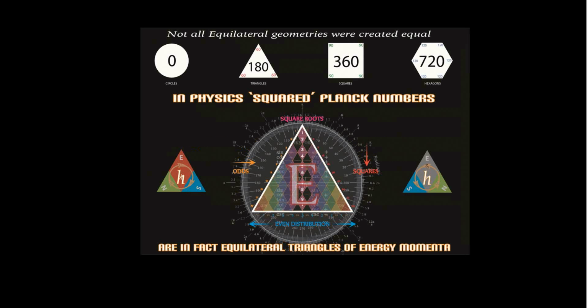Now the scalar energy itself can be divided or measured in a number of ways. The energy itself is mv squared, so it's an equilateral triangle of energy. We can measure its square root as its linear momentum, or its amplitude.